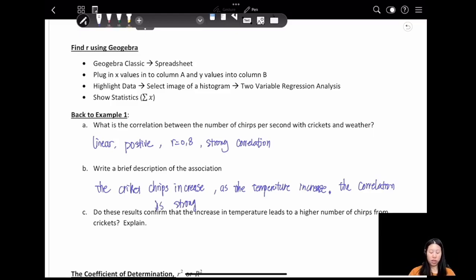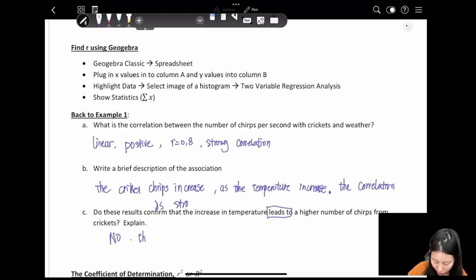Okay, do these results confirm that the increase in temperature leads to a higher number of chirps from the crickets? Explain. So again, leads to, that means it's causation. Again, no. This only shows you correlation. To find out if this is causation, we need to have a controlled experiment.